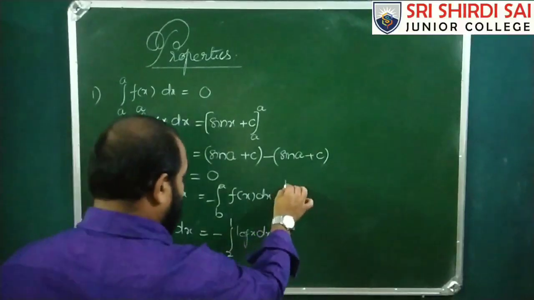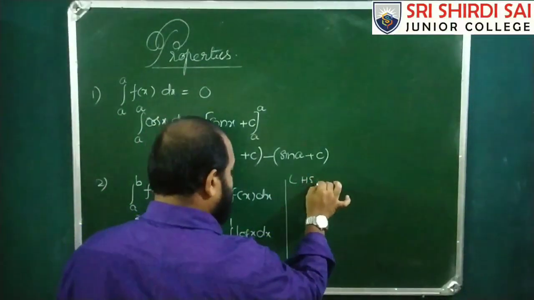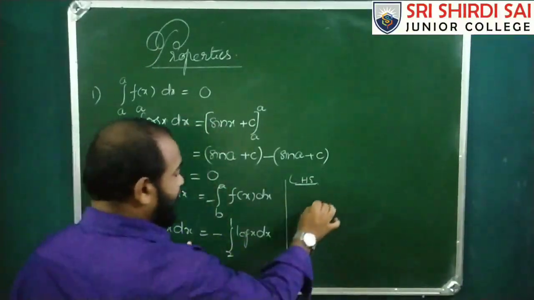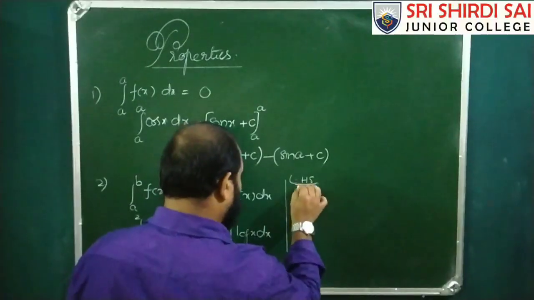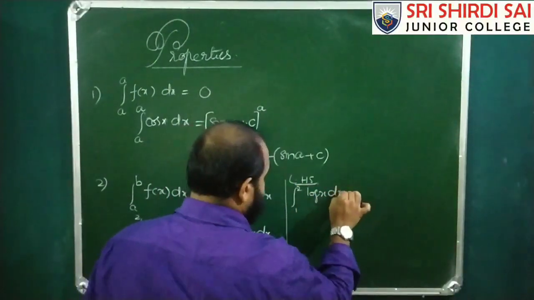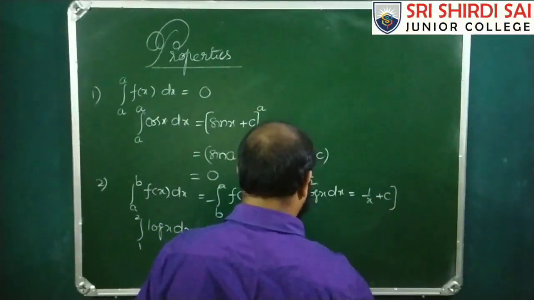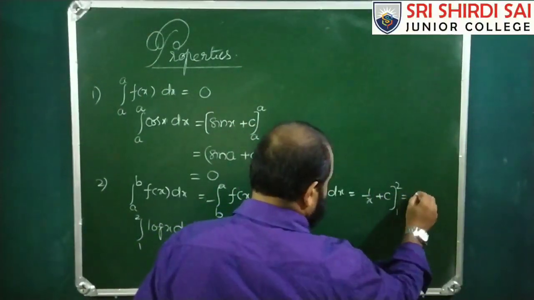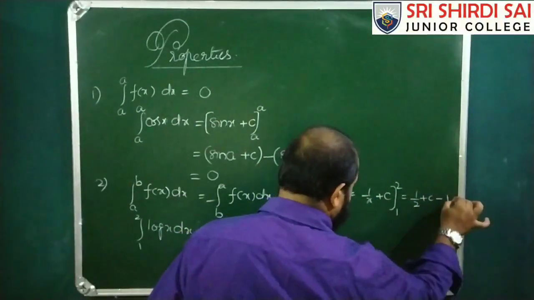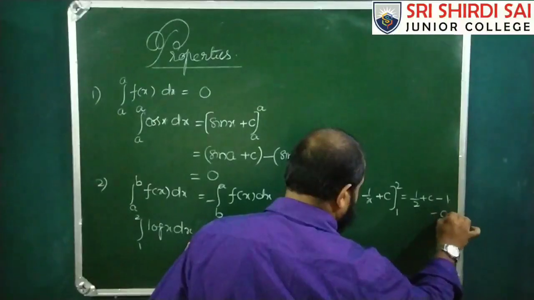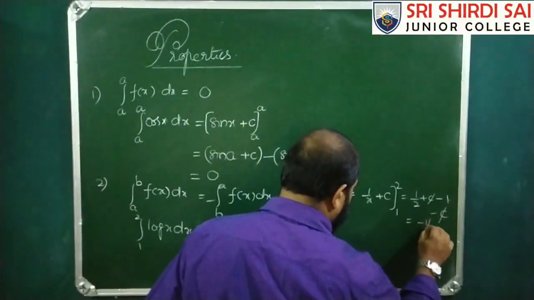Because if you take the LHS, integral 1 to 2 of log x dx, the integral is 1 by x plus c. So from 1 to 2: 1 by 2 plus c minus 1 by 1 plus c. So c gets cancelled. 1 by 2 minus 1 is minus half.